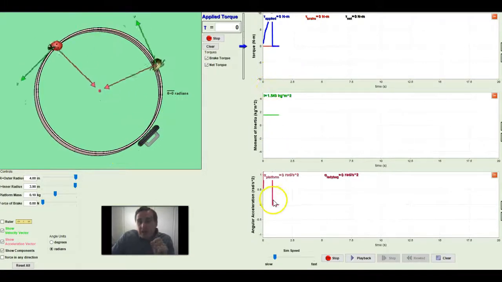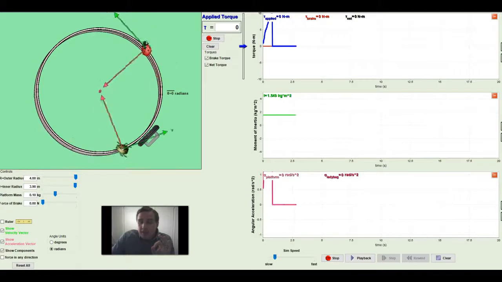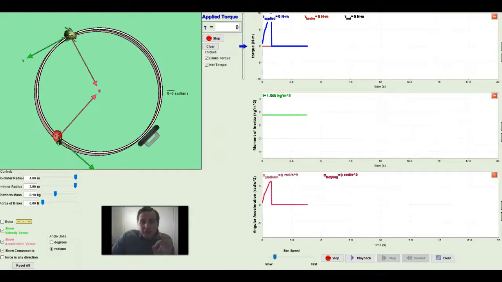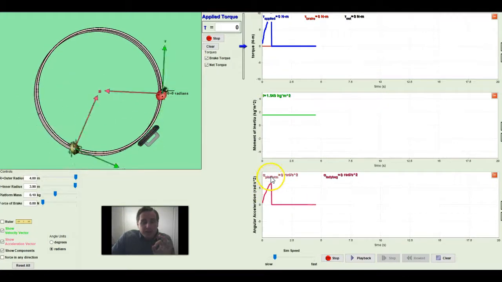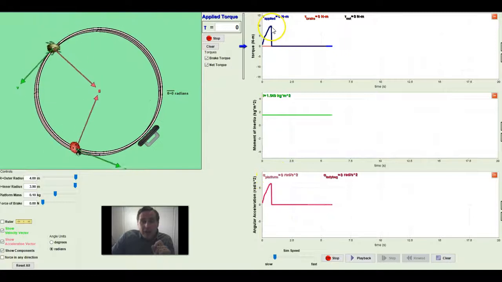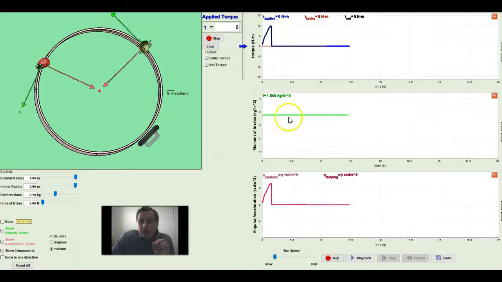Notice, did you see that it was quite difficult to spin this up? The angular acceleration was actually quite small most of the time. And even though we were applying a torque at a large radius, that's a pretty large torque, this is quite a large rotational inertia. Look at it.